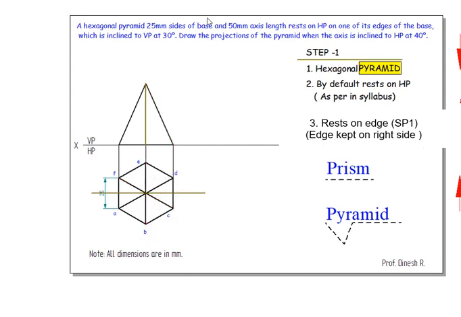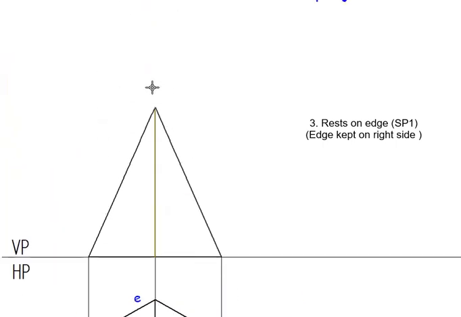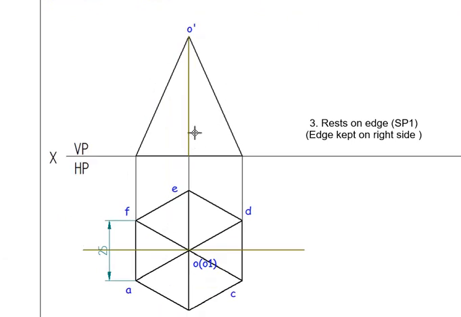So we are going to keep the annotations. So the apex point is O, and the base center O1 is not seen. Here O dash is nothing but the apex point, but O1 dash is not visible. So this point A dash is seen, but F dash is not seen.